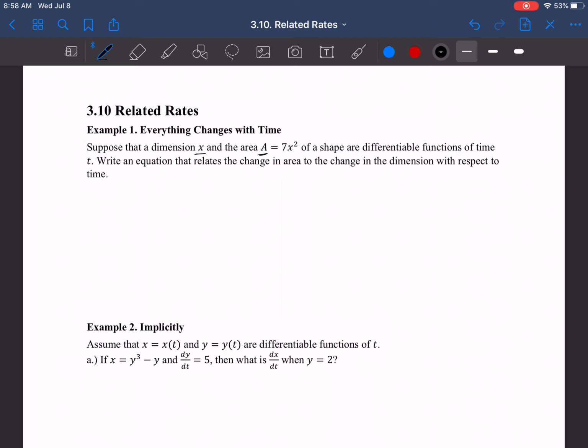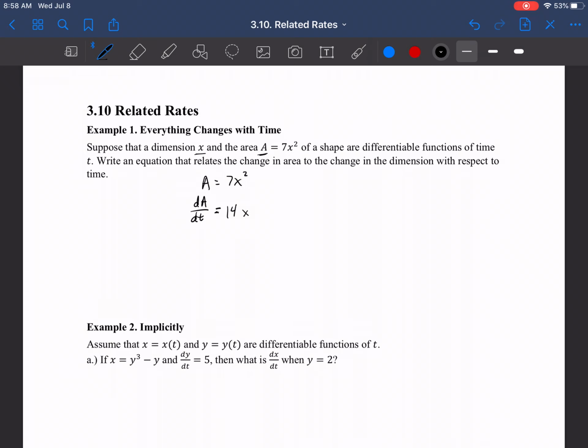Okay? And so the easy thing to do here is simply take the derivative of both sides. On the left side, we'd have the derivative of A with respect to time, just implicit derivative. And then here, we need to take the derivative of 7x squared, remembering x is a function of time. So we bring the 2 out in front, and 2 times 7 is 14.